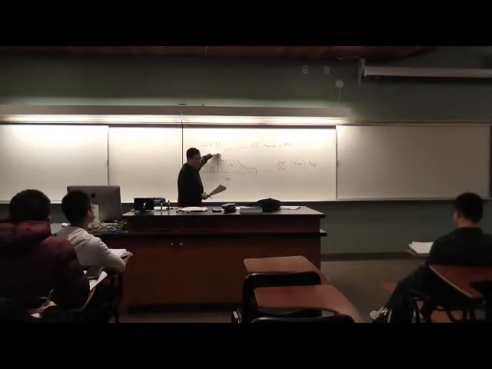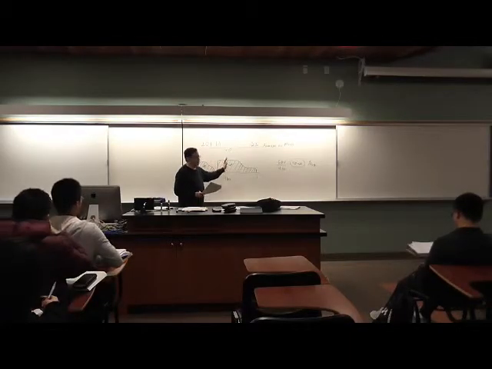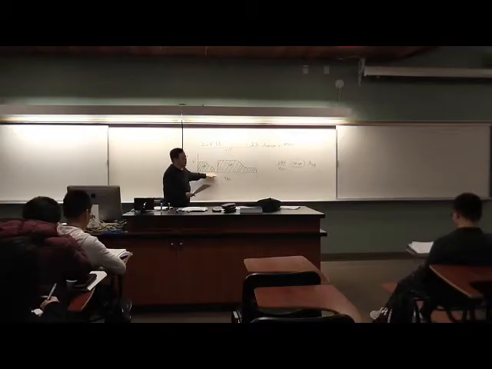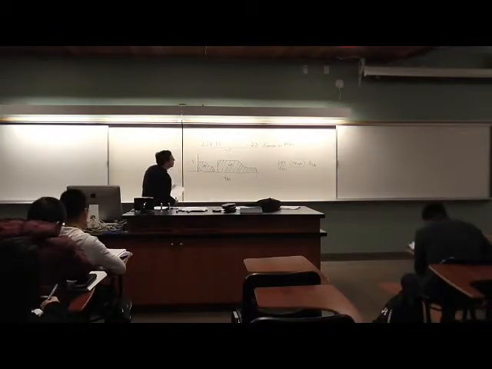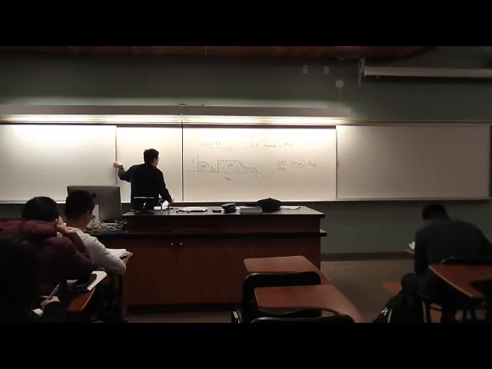But it's different from a discrete average, right? I actually have to integrate. So this gives us the idea of the average value of a function. I don't want to erase this picture yet.